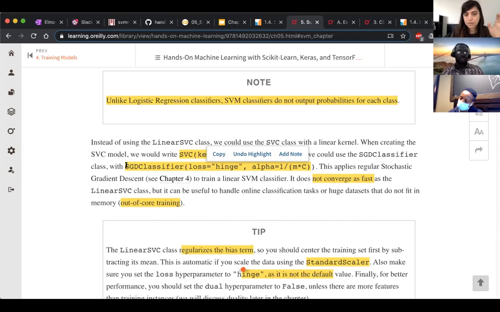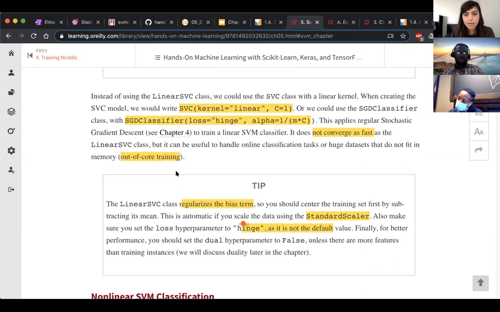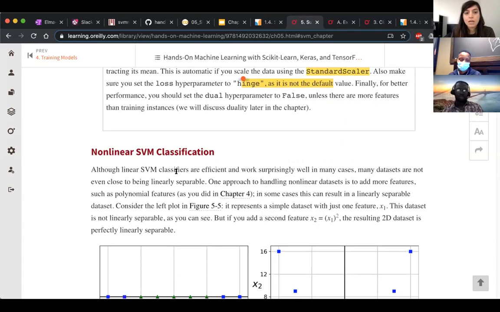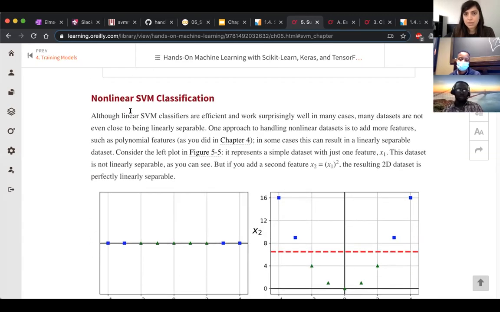It used some sort of gradient descent, but there we used a different loss function. And now we are adding two more models to be able to classify things.